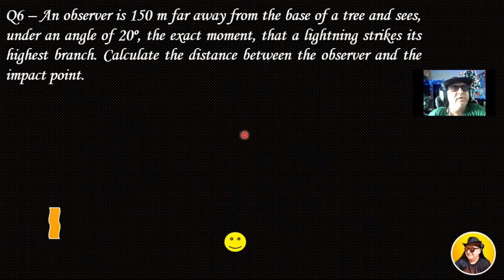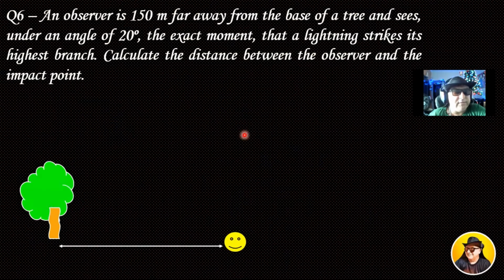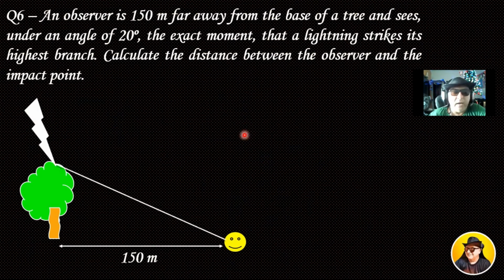Okay, this is the observer. This is the tree. Okay, so the observer is 150 meters far away from the base of the tree. Oh, this is the lightning. Okay, we want to know how far the observer is from the impact point of the lightning at the highest branch of the tree.